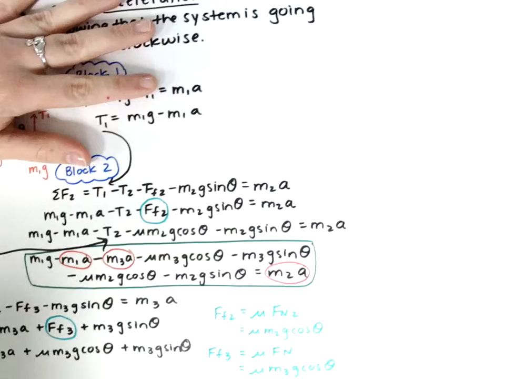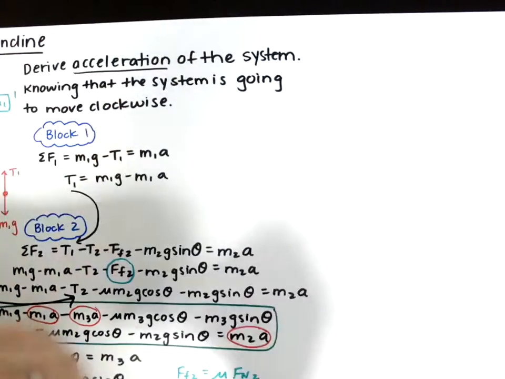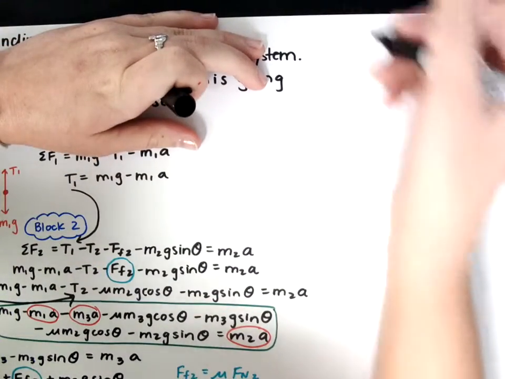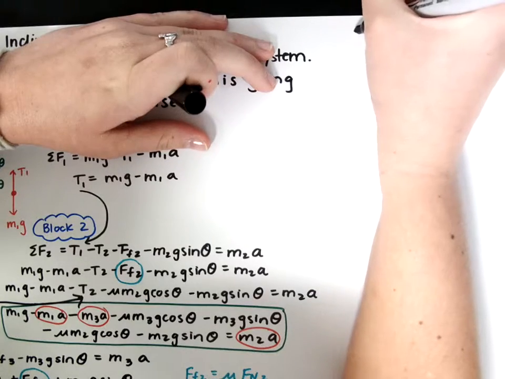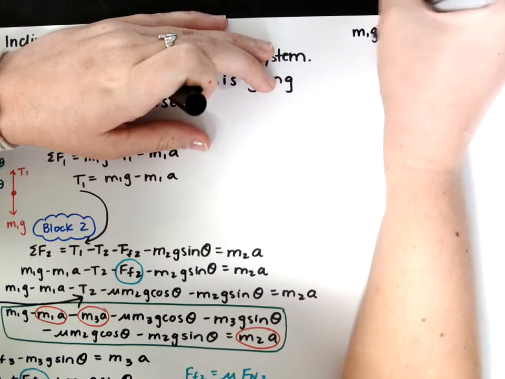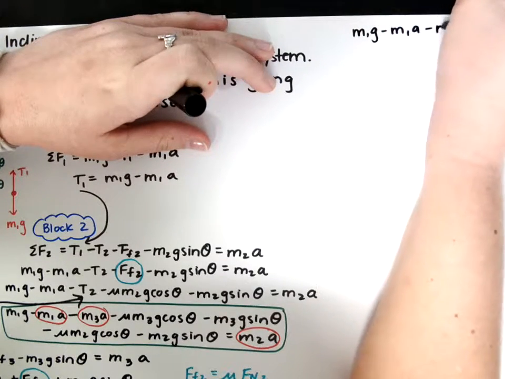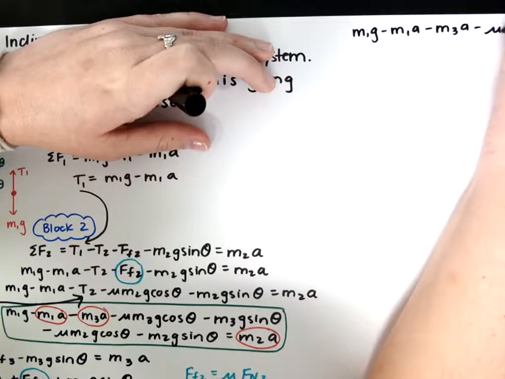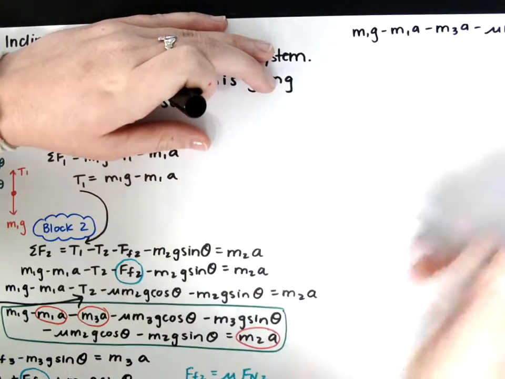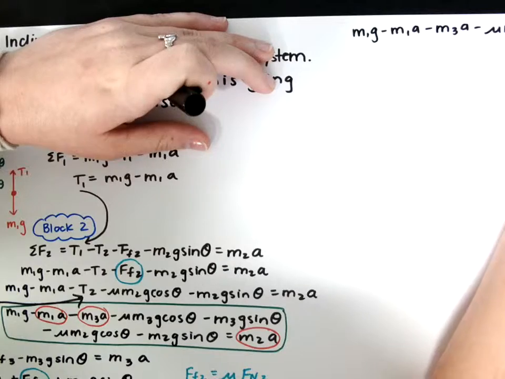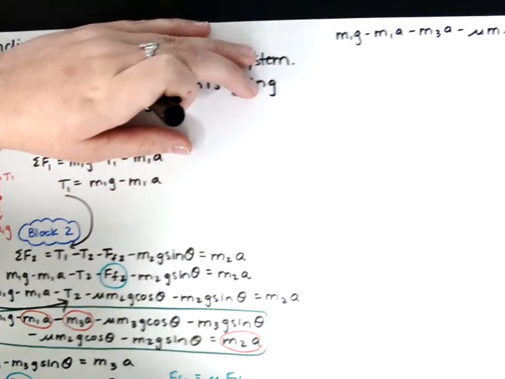So I'm just going to rewrite our equation up here one more time. We had M1G. I'm just copying this green box so I can use it again.